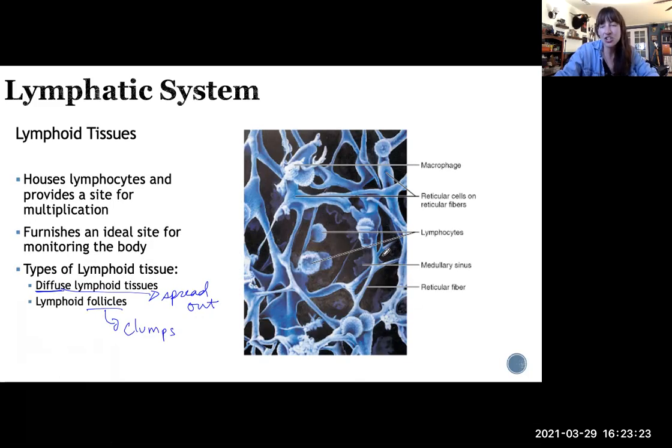So your lymphoid tissue can be a lot of this loose reticular connective tissue. And then you do have some organs on top of having this kind of loose dispersed connective tissue that also houses lymphocytes. And then lymphoid follicles, places where you've got little clumps of this reticular connective tissue and lymphocytes.